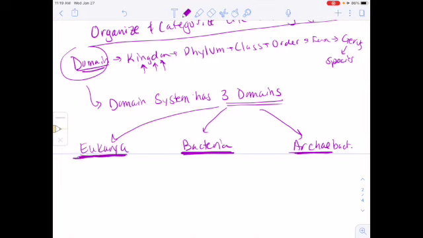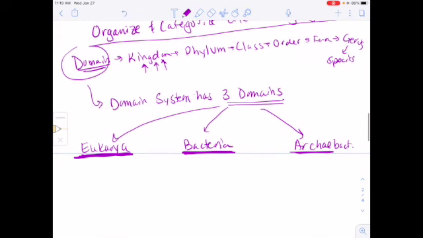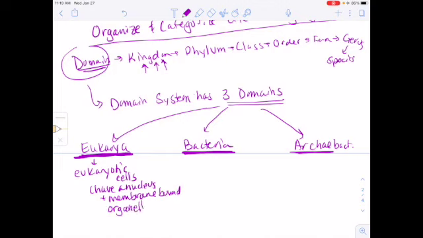All right. Eukarya, and you've probably heard this word before, every organism in eukarya is eukaryotic. That means cells that have a nucleus and what we call membrane-bound organelles.